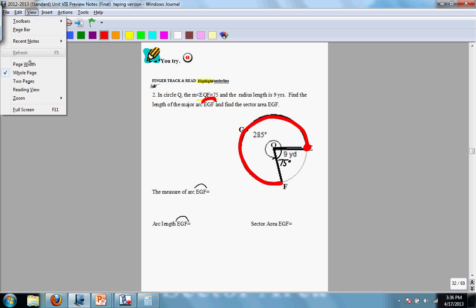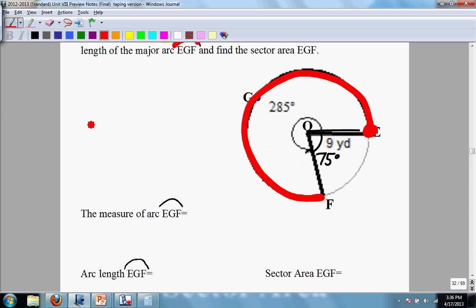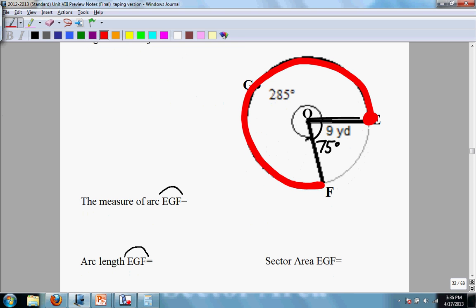So let's come close here. We're going to do this in 3 steps. Step number 1. We want to find first the measure of the arc. The measure is the degree curvature. And the measure of the degree curve is simply 360 minus 75, which is 285 degrees. That is arc measure.